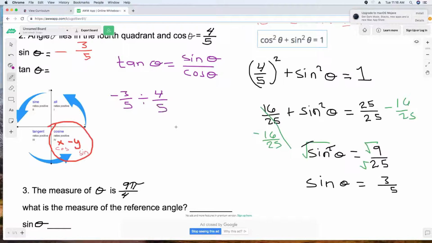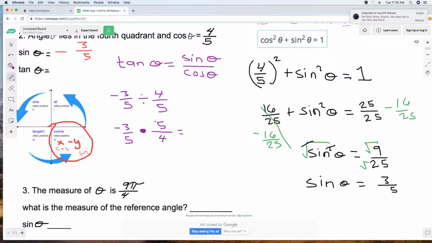Okay, now to divide two fractions, I'm going to bring down my first fraction. I'm going to turn this into a multiplication by multiplying by the reciprocal. The reciprocal of a fraction is just the same fraction but switched. The numerator becomes a denominator and the denominator becomes a numerator. Okay, and then we just multiply across.